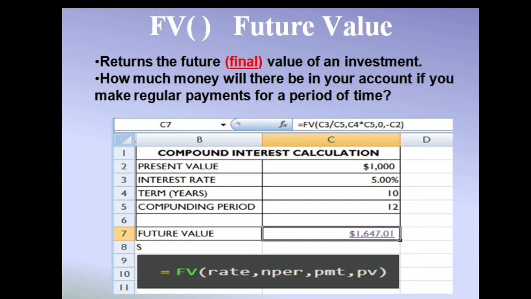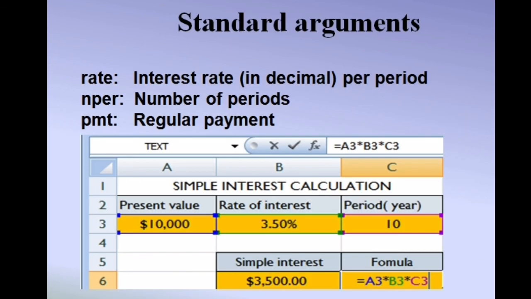Through this formula we can easily find out any future value. So this is the amount given, 1647.01. With this formula we can easily find out the compound interest value. So these are some of the standard arguments.